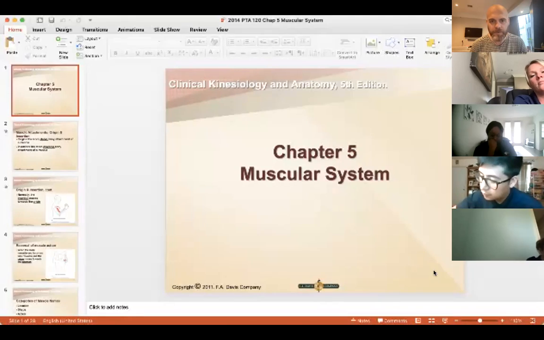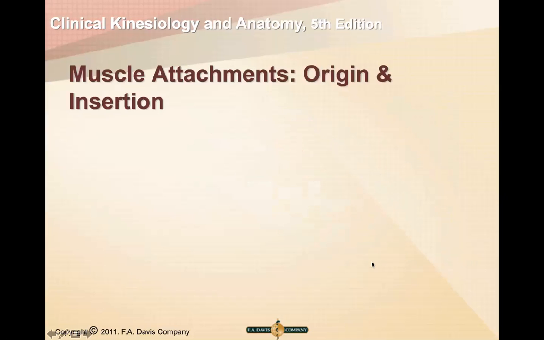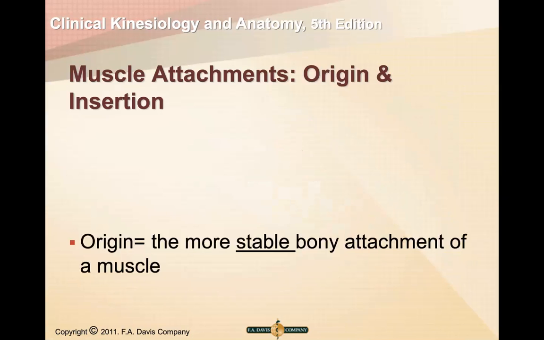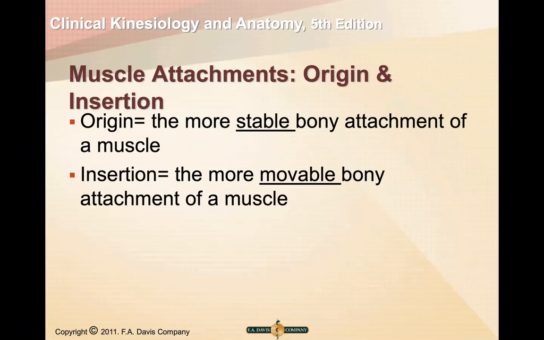Okay, let's finally get on to the muscular system. Chapter 5. Okay. So everybody by this point knows y'all are buried up to your eyeballs in origins and insertions. Every muscle has an origin and an insertion.